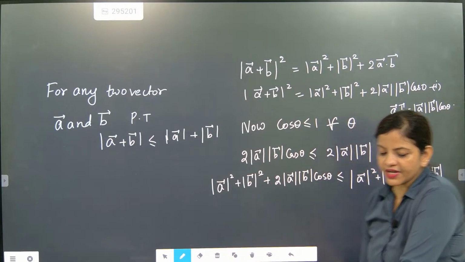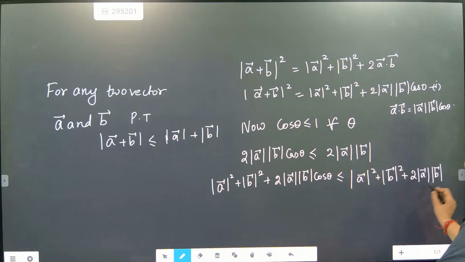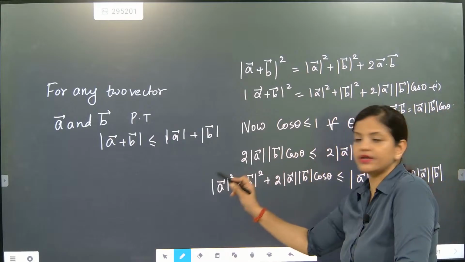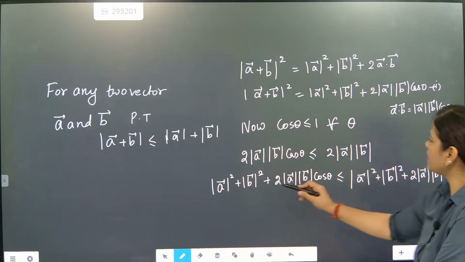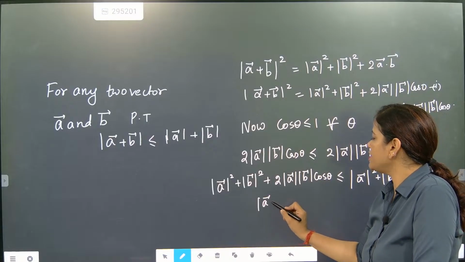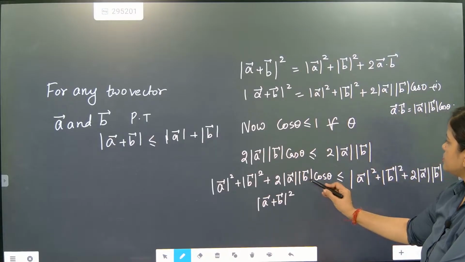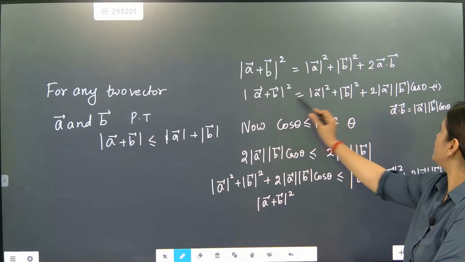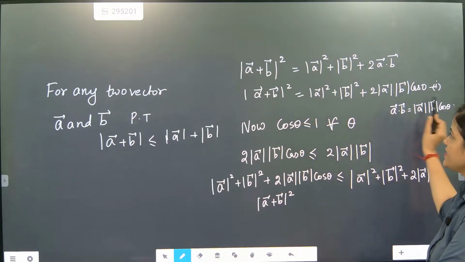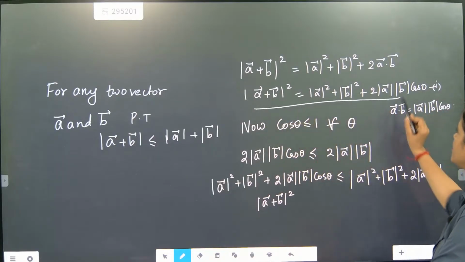So when we have written like that, in which format is this part coming? This part will come in the format of magnitude of A plus magnitude of B whole square, using equation 1. This was our equation 1, right?